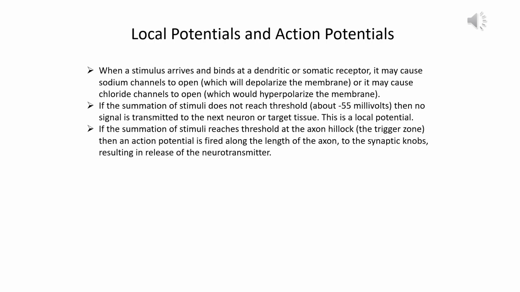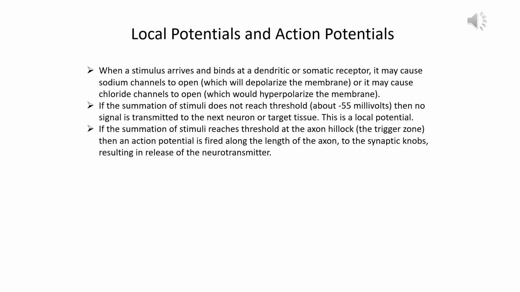Now, we have to consider the summation of stimuli. A nerve cell may receive signals from thousands of other nerve cells. So we're going to have to summate what is the sum of the stimuli that are arriving at the nerve cell. Well, another thing that we have to consider is that some stimuli don't depolarize, they in fact hyperpolarize the receiving nerve cell.